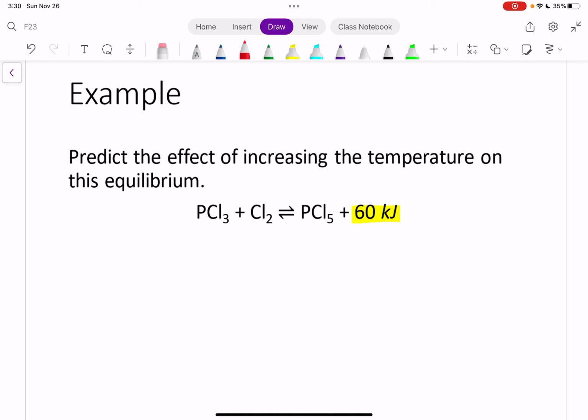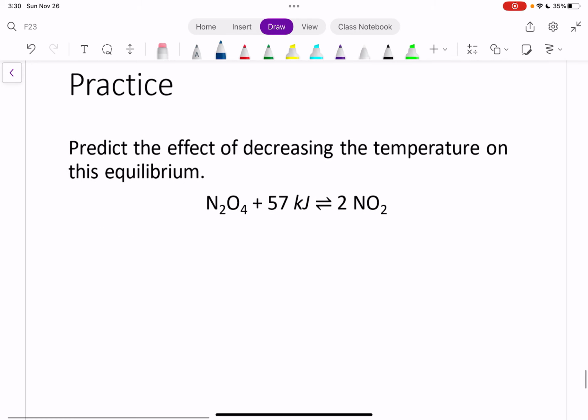So if we increase the temperature of this reaction at equilibrium, we're going to increase the amount of heat we have, which increases a product. And which way is the equilibrium going to shift? It's going to want to counteract that change. So equilibrium is going to shift to the left, and we're going to make more of our reactants.